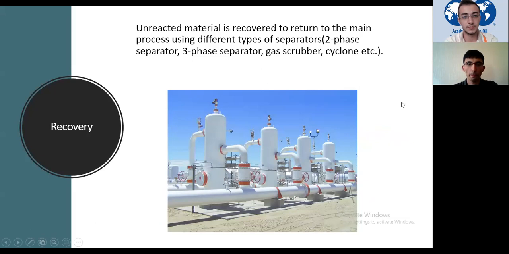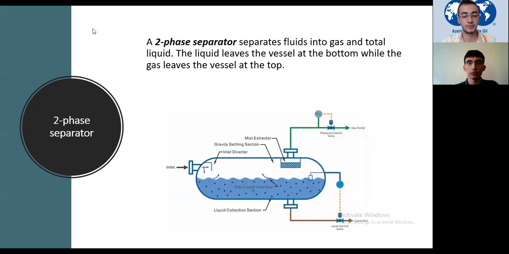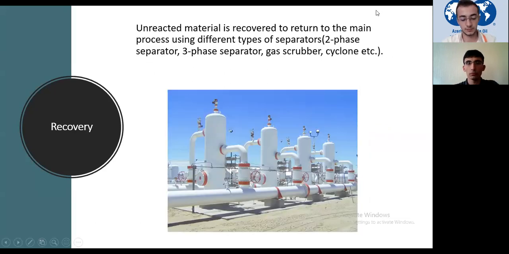Okay. I will talk about the recovery section first, then we can come back to the reaction section because it will be a bit complicated. After the main process, as we've said before, unreacted material is recovered and returned to the main process using different types of separators.